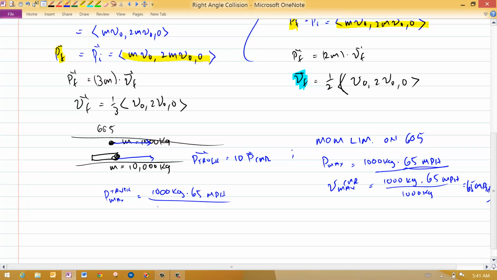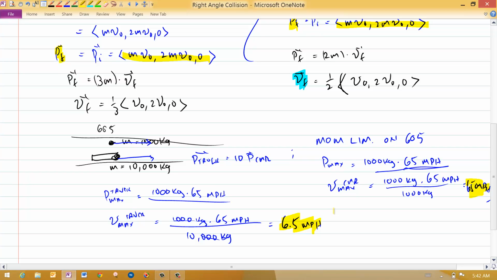Divide that by the mass of the truck to find out what is V max of the truck. So that's 1,000 kilograms times 65 miles per hour, divided by 10,000 kilograms. Kilograms cancel, the 1,000s cancel, so I get 6.5 miles per hour. If we have a momentum limit on the 605 freeway, the cars can go 65 miles an hour and the trucks can go 6.5 miles an hour.